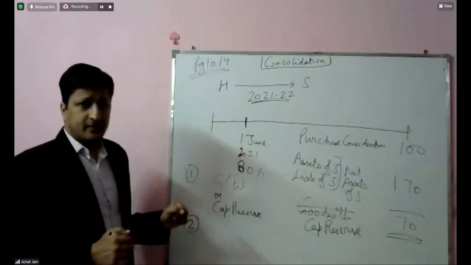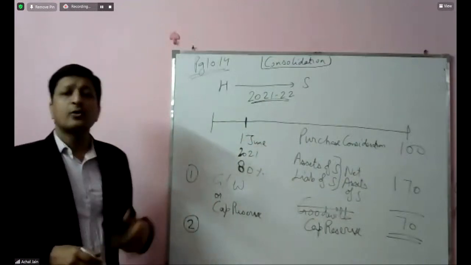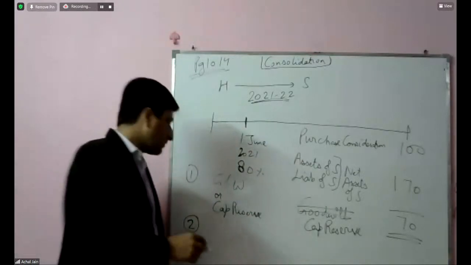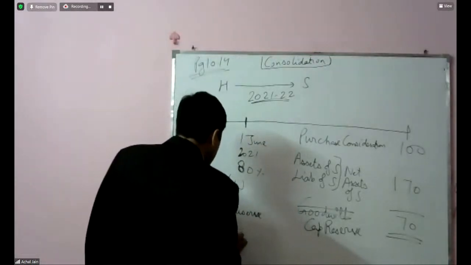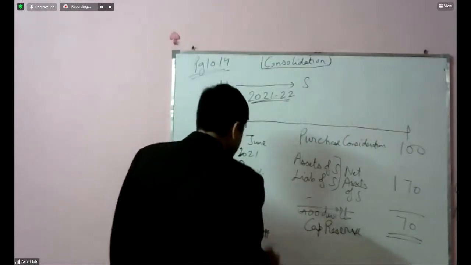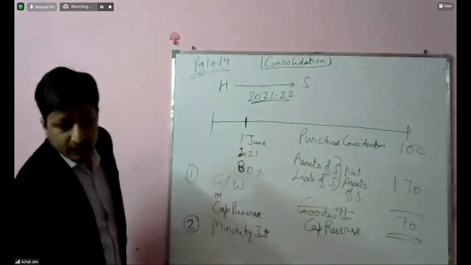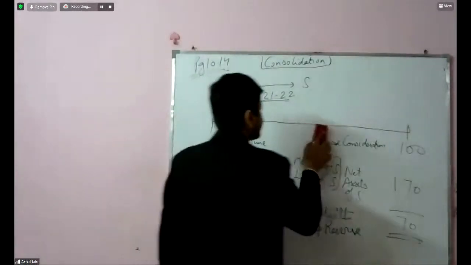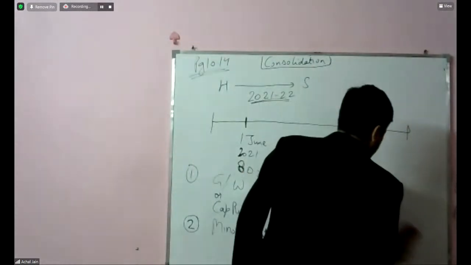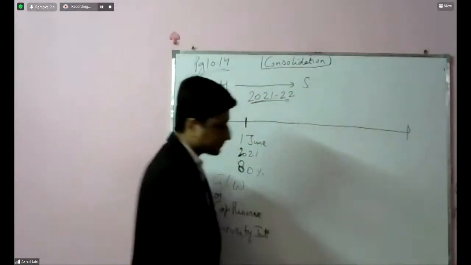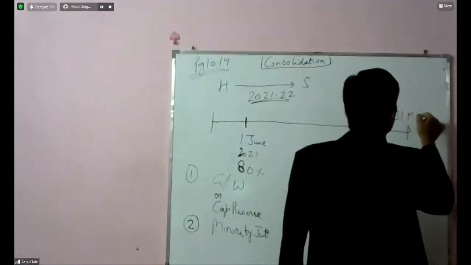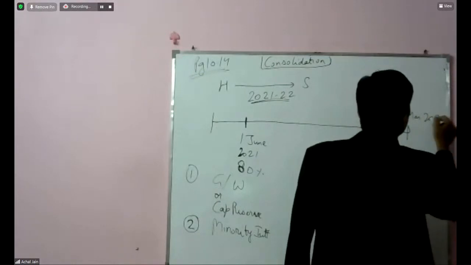So on this date, along with capital reserve or goodwill, whatever be the case, one more working will have to be done. What is that called? Minority interest. Clear? Clear on this? Now this is 31st March 2020.